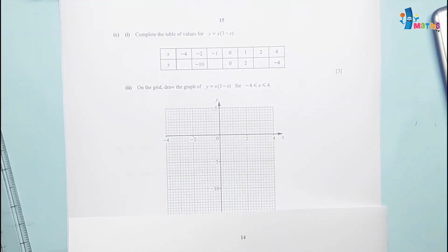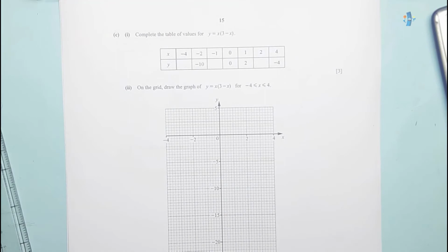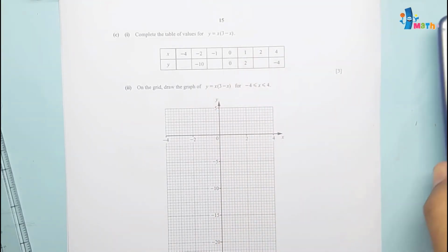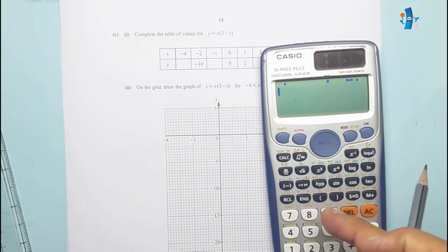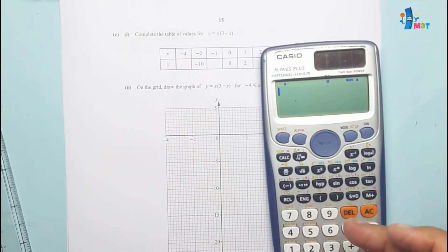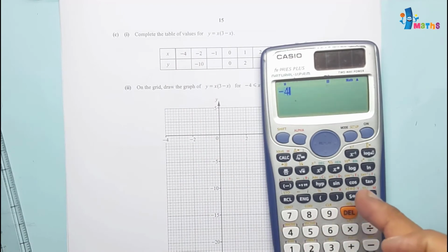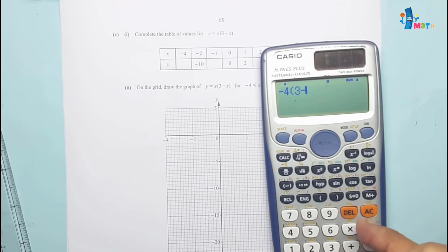Now the C part: complete the table of values for y is equal to this one, and we just have to replace these values in this equation. The x value is minus 4, so we can write minus 4 into (3 minus minus 4), so we can put it in brackets.